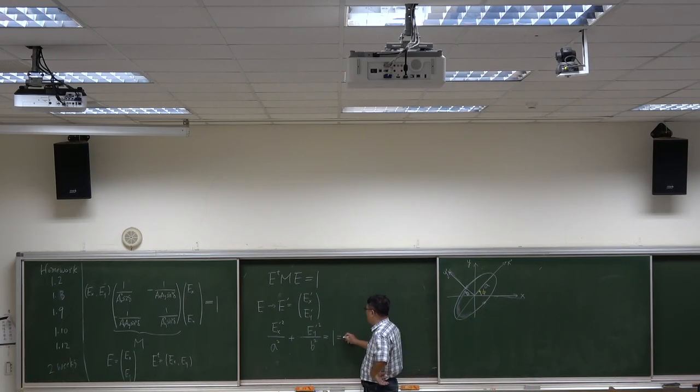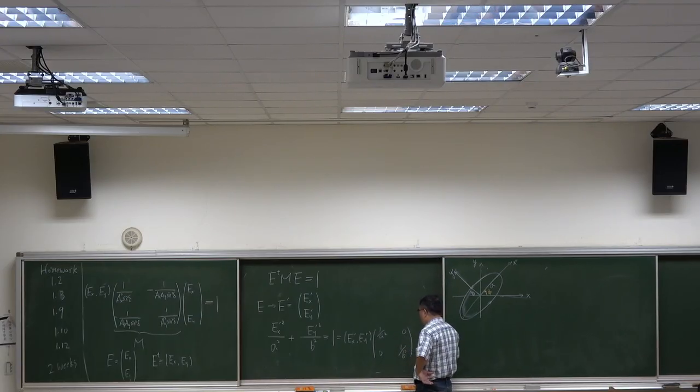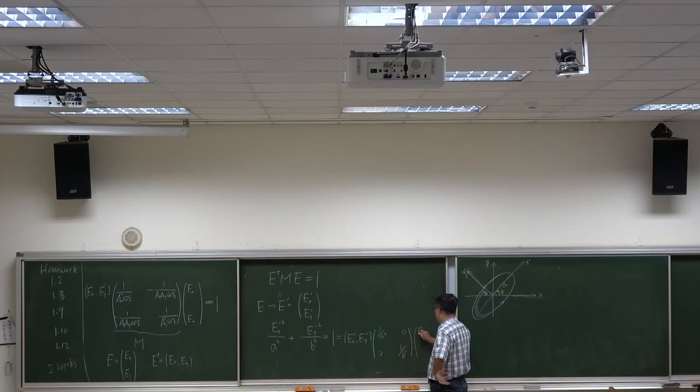And this can be written as (Ex prime, Ey prime) times the diagonal matrix with 1 over a squared and 1 over b squared, times (Ex prime, Ey prime).